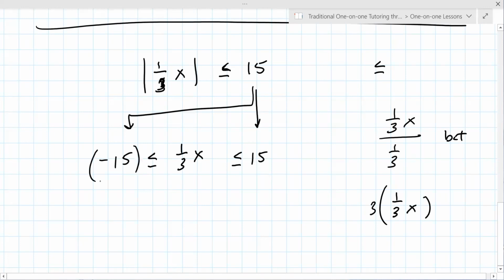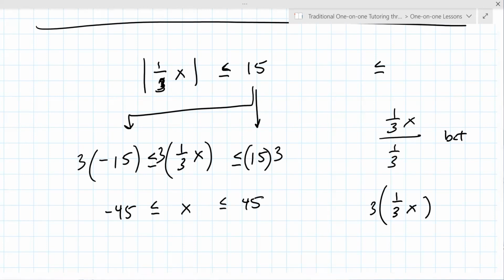So that becomes negative 45 less than or equal to x less than or equal to 45. So it's like what we did last time. They're all the same writing that we've done so far.